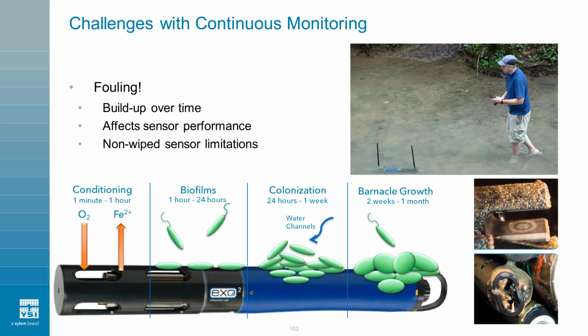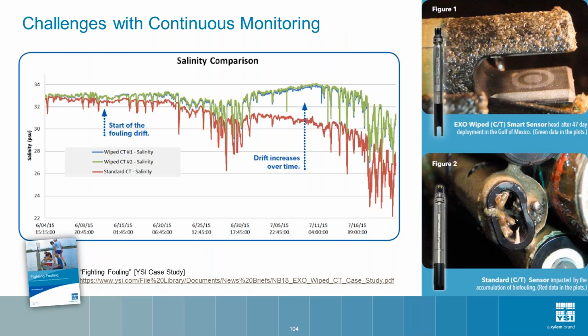Remember, when we were talking about the conductivity cell changing as it's being used, this buildup can change the physical geometry of the cell. And unfortunately, the non-wiped conductivity sensor is more susceptible to the effects of fouling. This salinity plot shows fouling drift of the non-wiped conductivity sensor compared to the wiped conductivity sensor over 47 days of deployment.